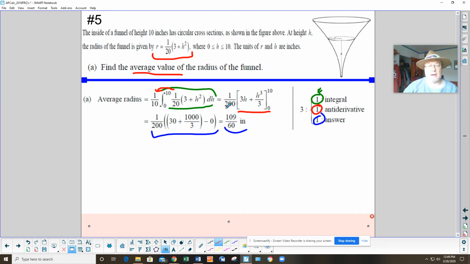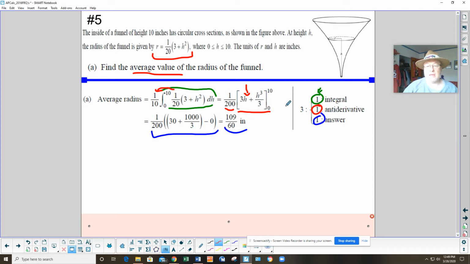So that's where they're getting the 1/200th from. So the antiderivative of just the 3 then is 3h. Now if you do have the 1/20th in front of them, then it'd be 3/20ths h. That's okay too, obviously, if you didn't pull out the 1/20th. And then power rule, raise this to a 3, and then divide by 3, you get h cubed over 3.